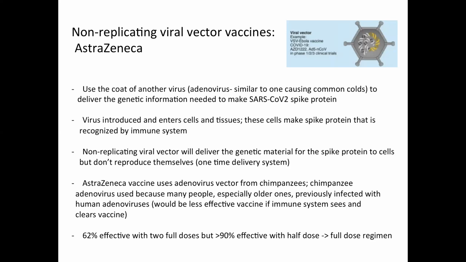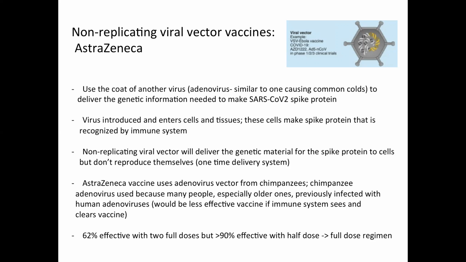These are non-replicating viral vectors, so they are a one-time delivery system. The virus itself, the adenovirus, will not replicate within your body. One other interesting feature is instead of using a human adenovirus vector, these use one from chimpanzees.